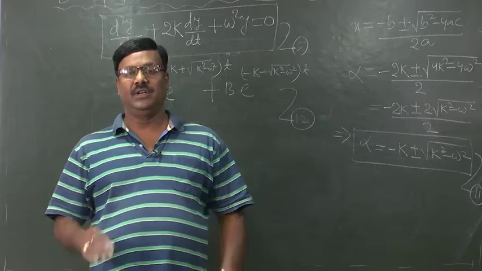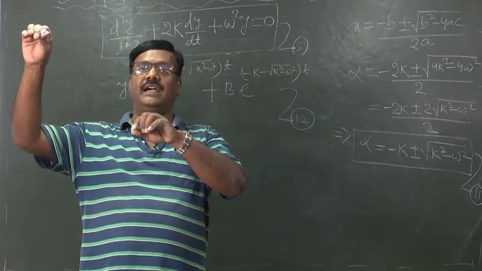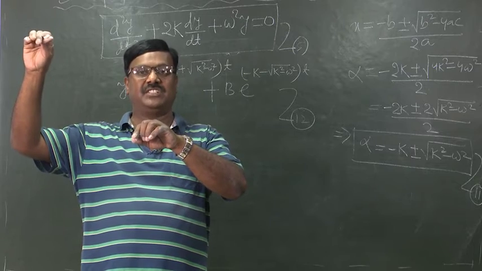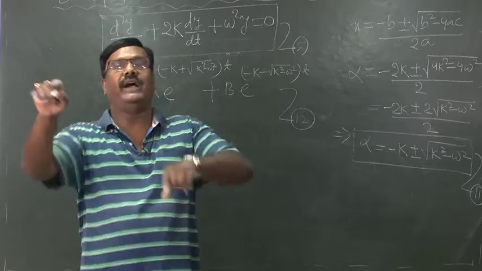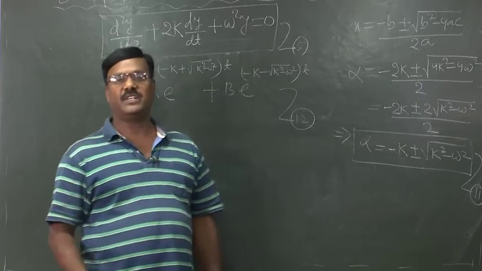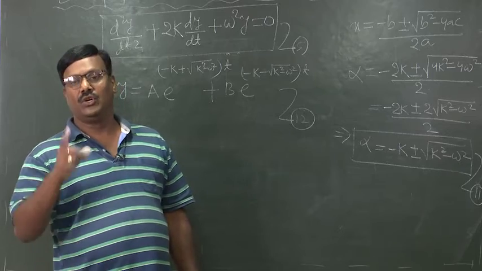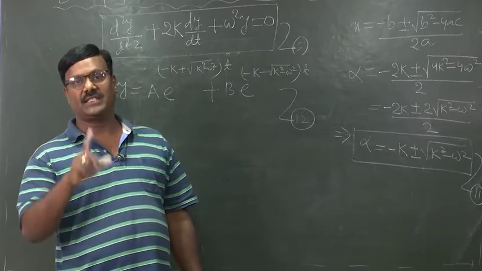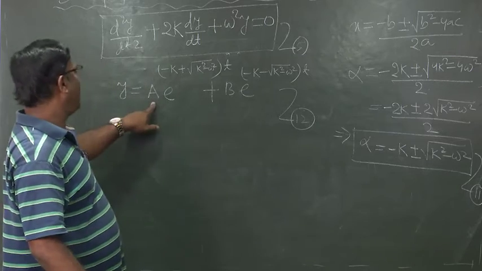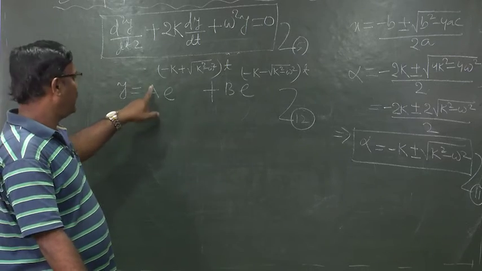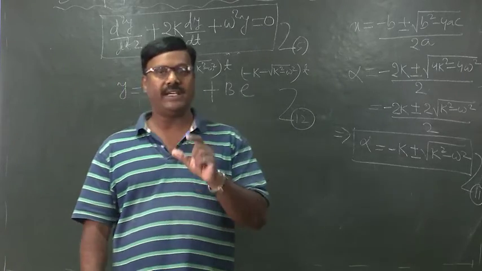Now, if we apply the boundary condition, then at the extreme position at t is equal to 0, y is equal to y0, where y is the displacement and y0 is the maximum displacement, which we have written previously as capital A. Here I am writing y0 because here A is already taken as a constant, that is why in place of amplitude I am writing y0.